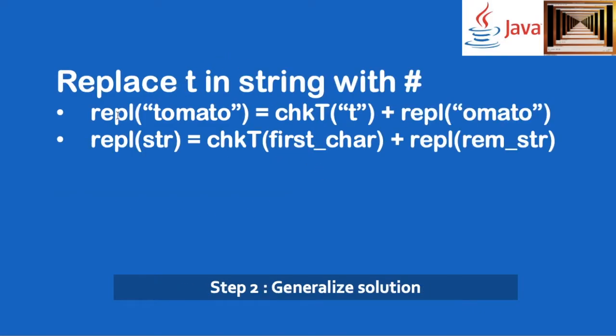Or if we generalize it, replace tomato is equal to check t for the first character. If it is t, we'll get a hash here, otherwise we'll get exactly the same character, plus replace the remaining string, which is what we have said in the generalized solution. Replace str is check t first char plus replace remaining string.